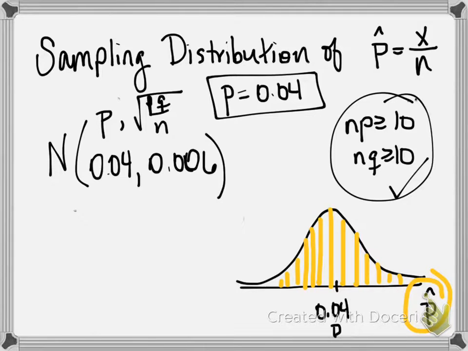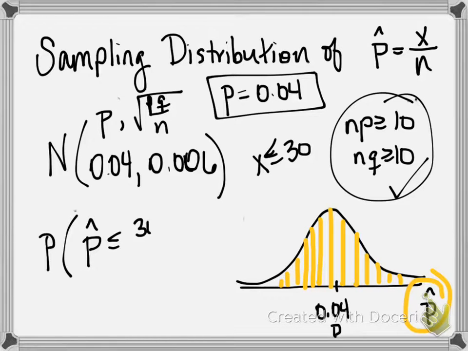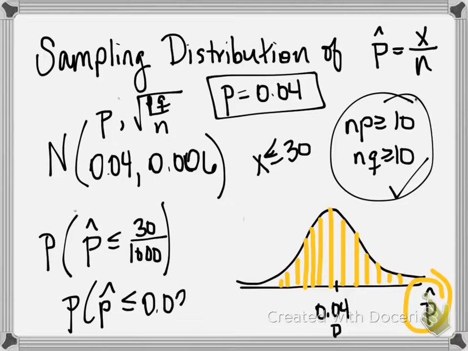Our mean is 0.04, and our standard deviation is 0.006. So here we're basically saying, if x is less than or equal to 30, what's the probability that p hat is less than or equal to 30 over 1,000? What's the probability that our sample proportion will be less than or equal to 0.03?